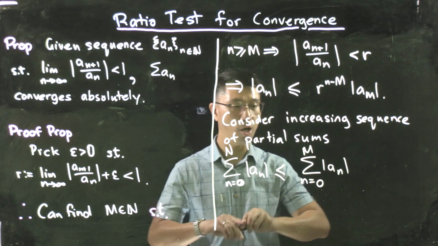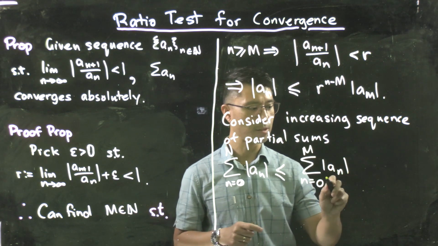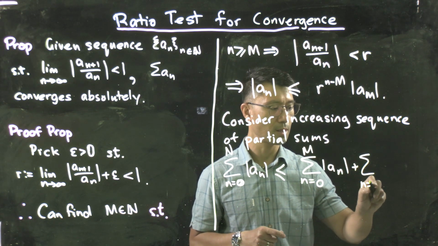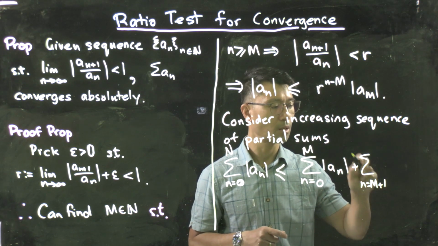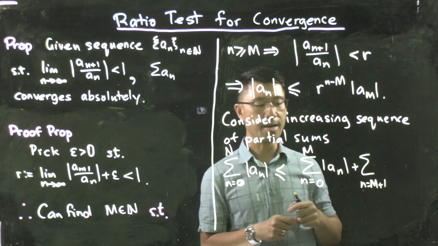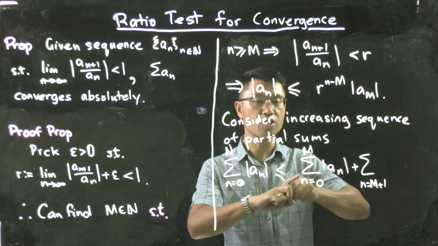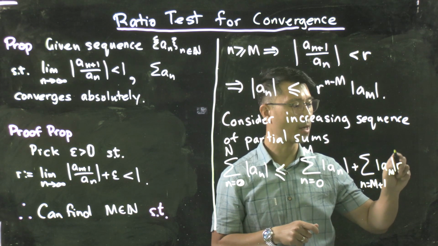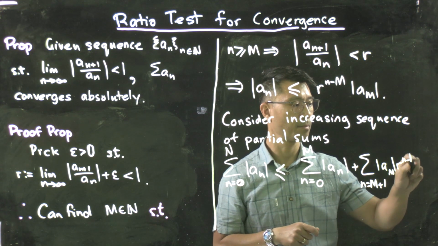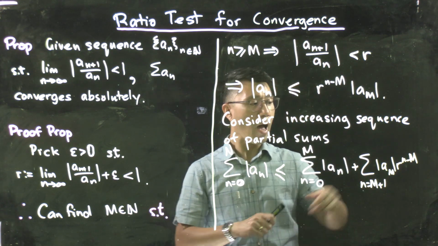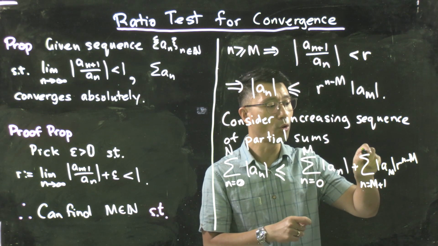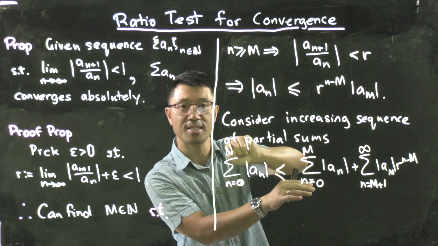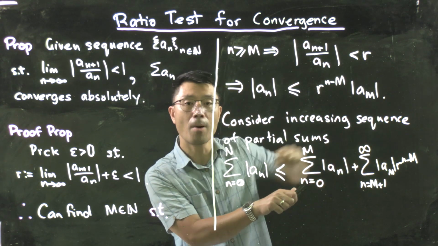And then you have the rest of the terms, the sum from n equals m plus 1 and so forth up to N. The absolute values of those a_n's are bounded by the term absolute value of a_m times r to the n minus m. And it doesn't matter if we add extra terms, so we can go all the way to infinity here if we like. That'll only make this right hand side even bigger if we go past this N, because we're adding more positive numbers.